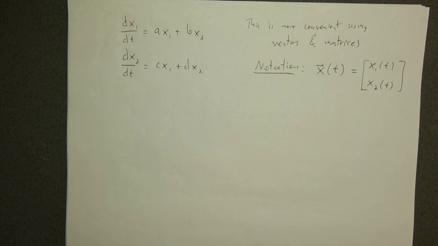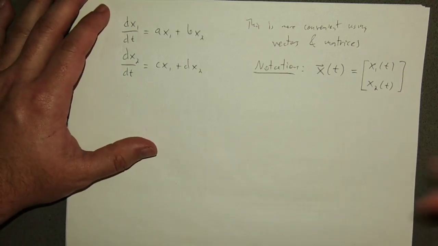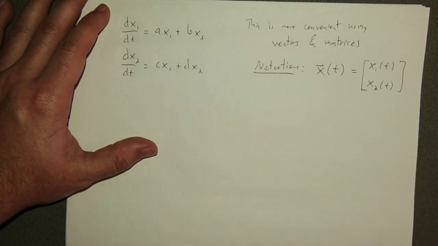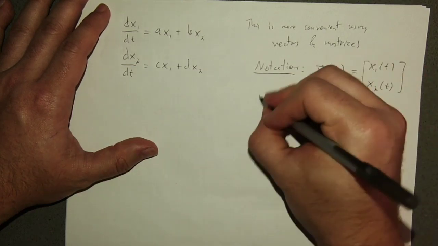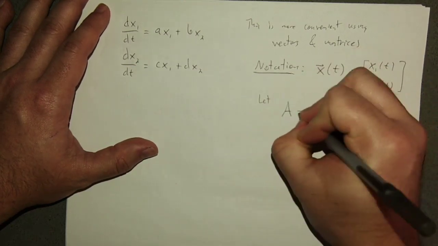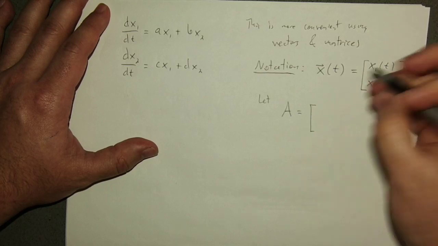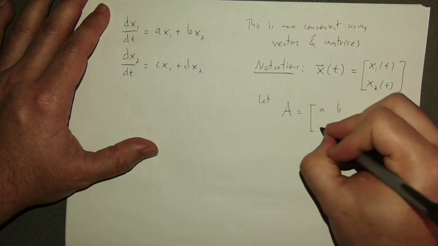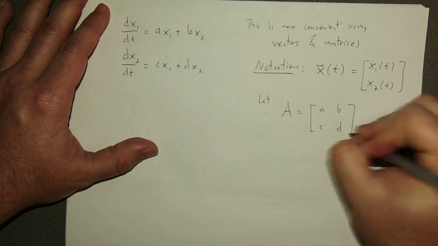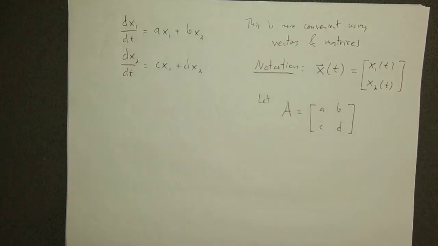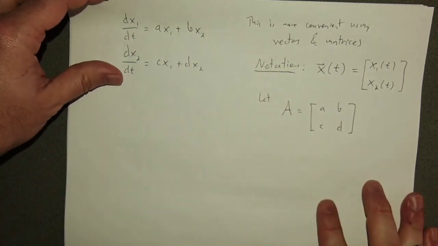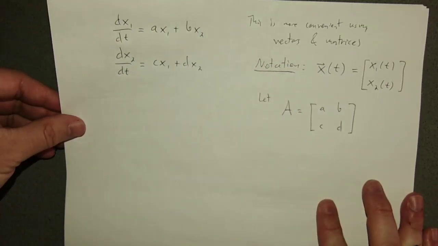So once I have this written, let big A be a 2 by 2 matrix, A, B, C, D.